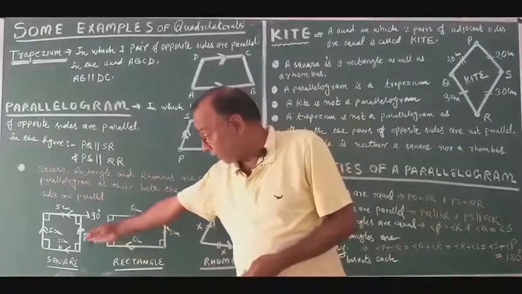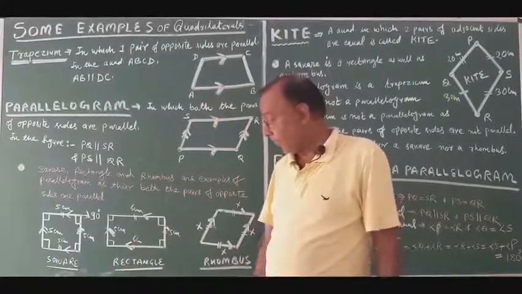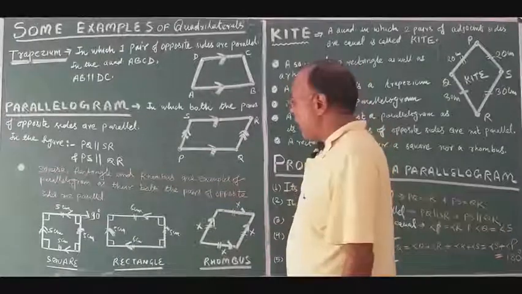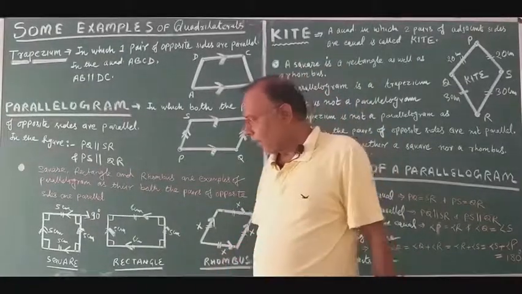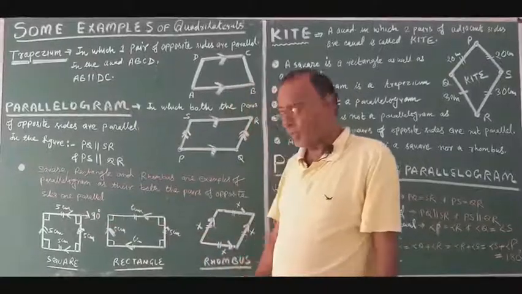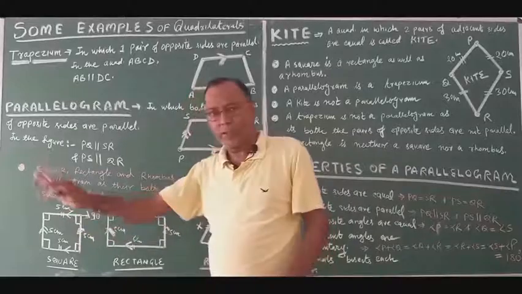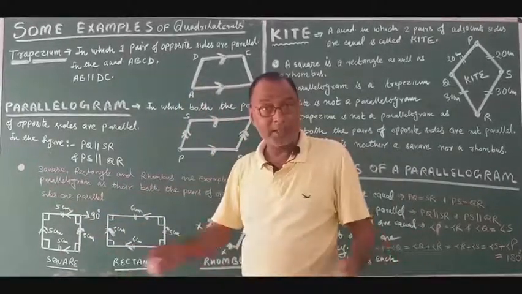Same thing is here in a square. It means this square is a rectangle as well as a rhombus. Why is it a rhombus? What happens in a rhombus? All the four sides are equal. Again, in a square all the four sides are equal. It means this is a rhombus.